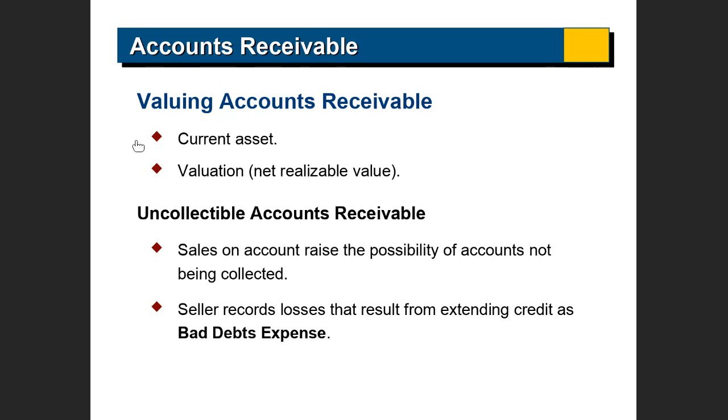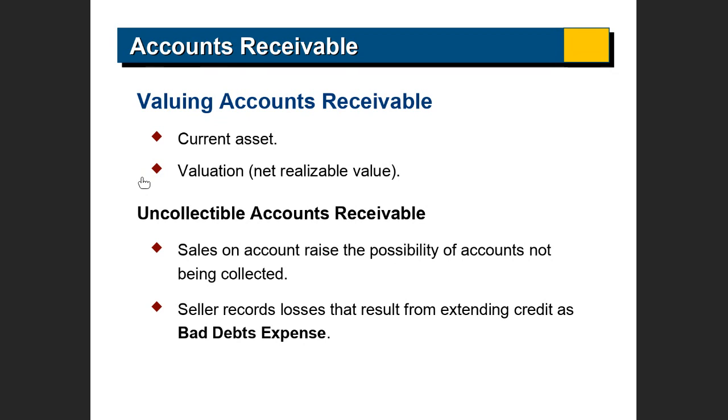Valuing accounts receivable. This is a current asset, which means we will get the accounts receivable collected within a year, within 12 months from the balance sheet date. And there is a net realizable value. Just because you have $1 million in accounts receivable doesn't mean that you're going to collect $1 million. There are going to be some customers who are not going to pay.